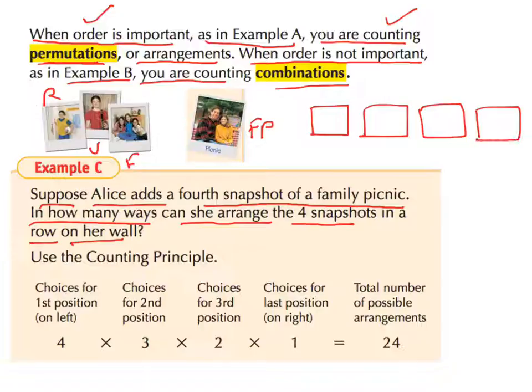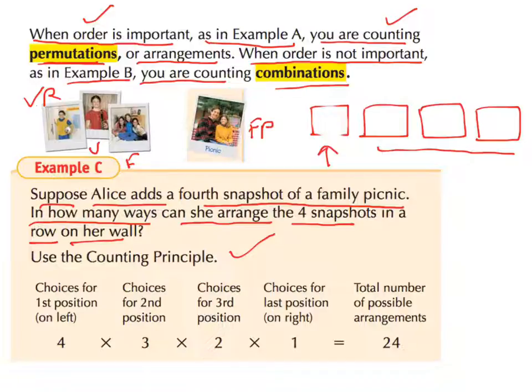So is the order important? Yes, because if he places the recreation over here, he cannot place the recreation anywhere else. So the arrangement is very important. So let's use the counting principle. If he has to put a snapshot over here, how many choices does he have?